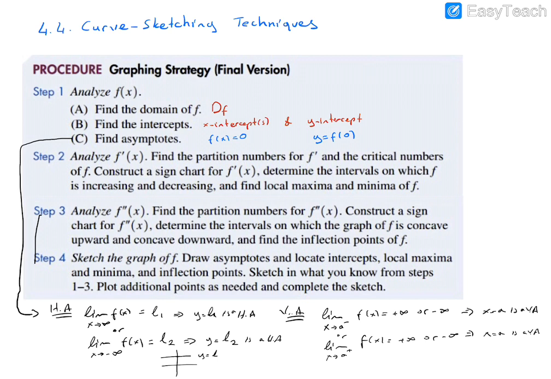In the third step, we analyze the second derivative of f in a similar way.